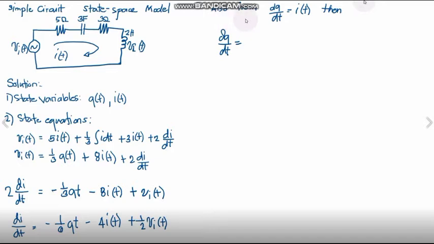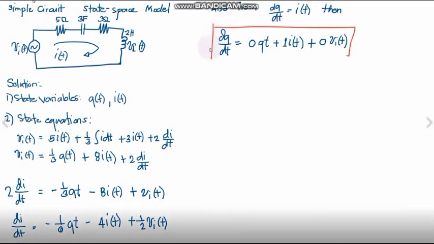Please note also that we have already defined in our PowerPoint presentation that dq/dt is equivalent to i(t). And since dq/dt is the first derivative of q(t), which is our state variable, therefore dq/dt is another state equation that we are finding.